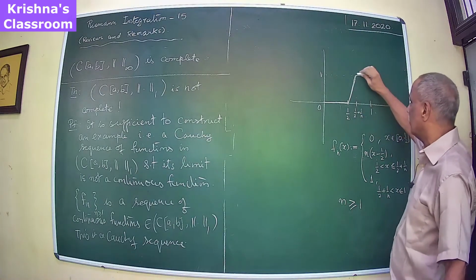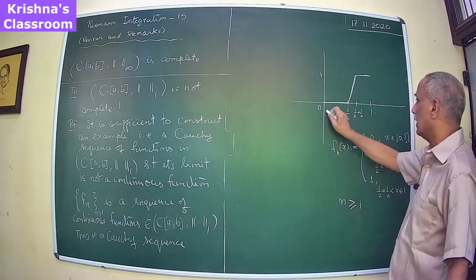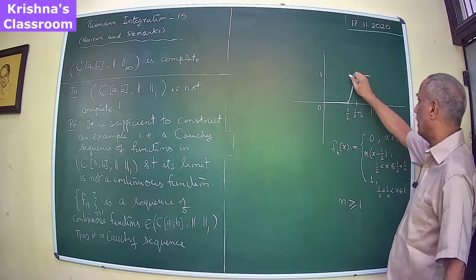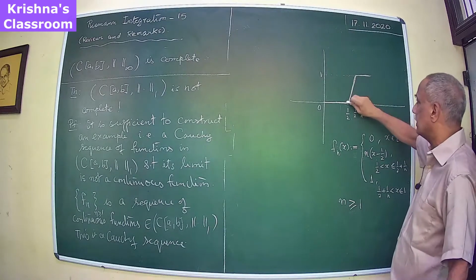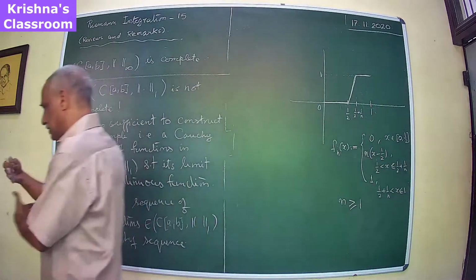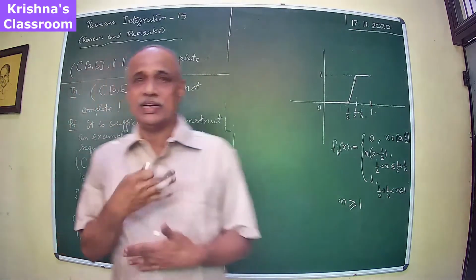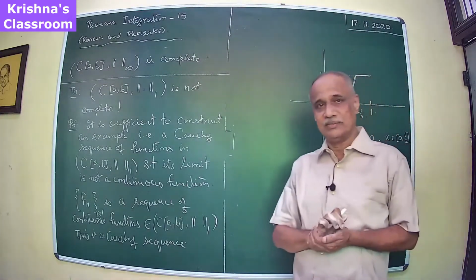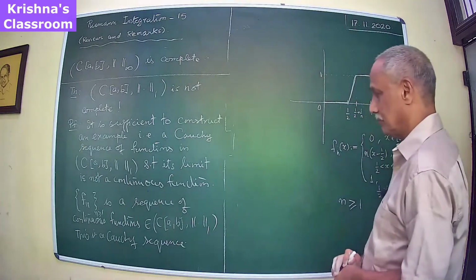Geometrically or intuitively, it must be clear that this function should tend to something like 0 on the interval 0 to half and 1 on the interval half to 1, and therefore there is a discontinuity at the point half. So your geometric intuition tells you that the limit of this sequence is a discontinuous function. It is not anymore a C[0,1] function.